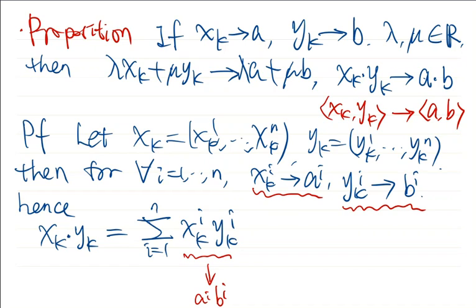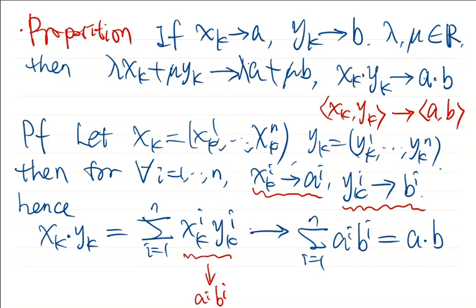Therefore, this in turn, every term converges to ai bi, so this will converge to the sum of ai bi. What's this? This is exactly the scalar product of a and b. So this property is proved. Okay. In a similar manner, you can prove the first property of scalar product.